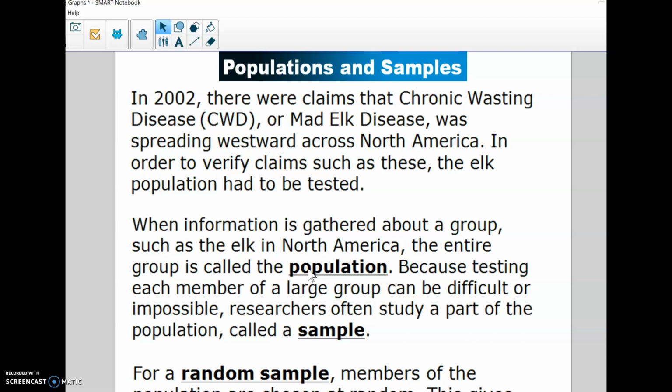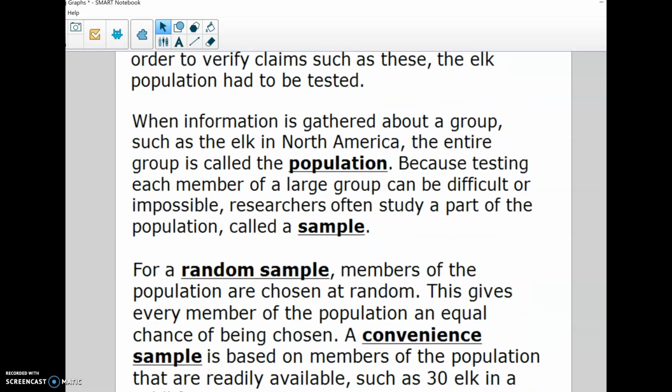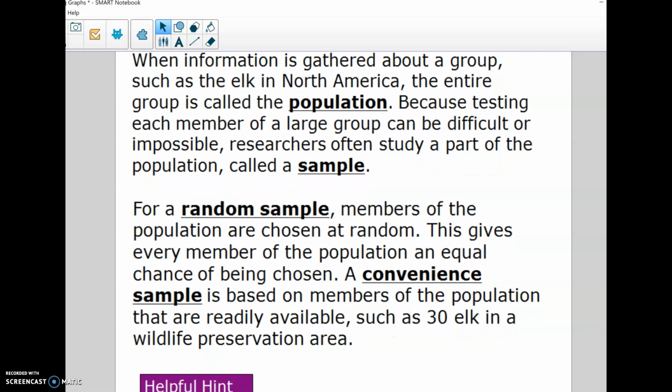It's probably not reasonable to ask every single student. So you maybe want to take a sample of those students. If you just take a part of those students and ask them what their favorite ice cream is, that's called a sample. A random sample is when you randomly select those people to survey.